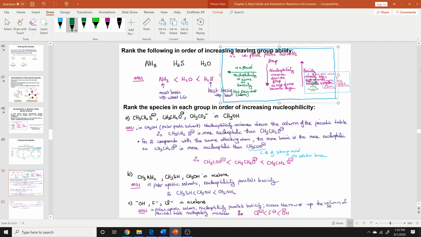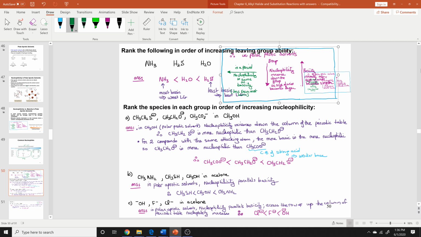Sulfur and oxygen, these two are in a group. So I know that as basicity increases, nucleophilicity decreases. So this is going to make that one over here more nucleophilic than the ethoxide.